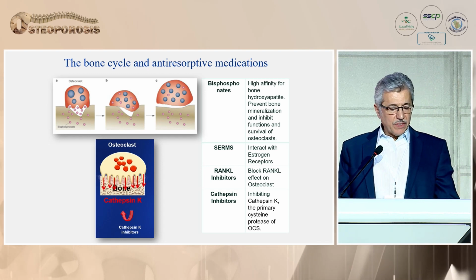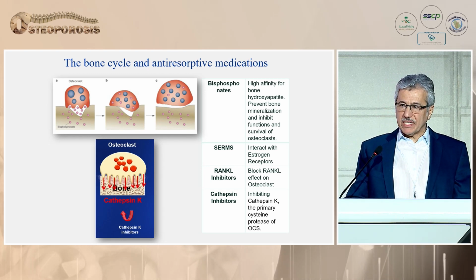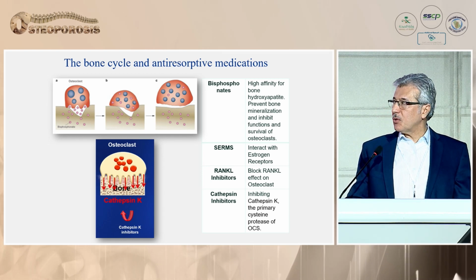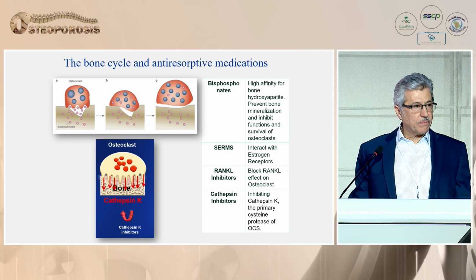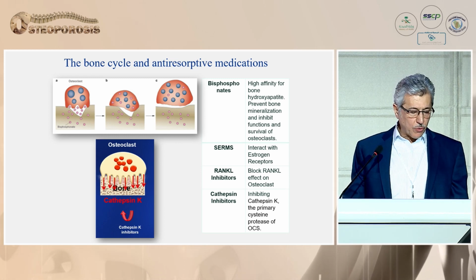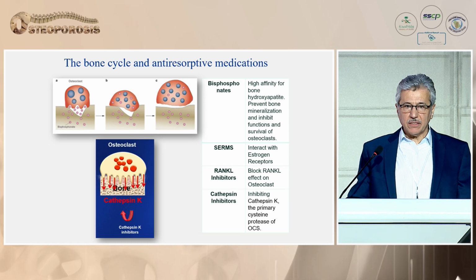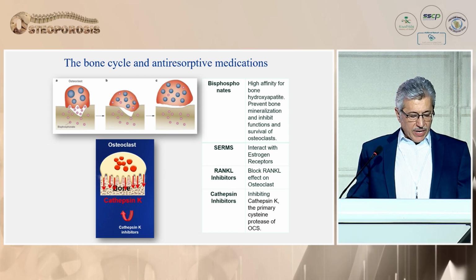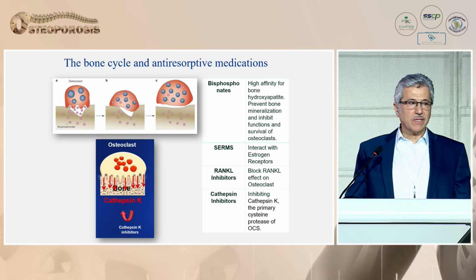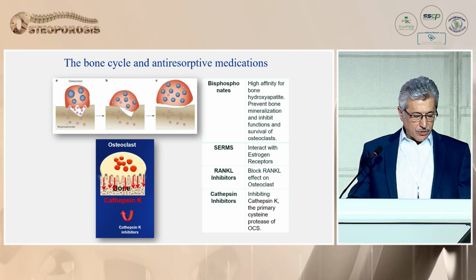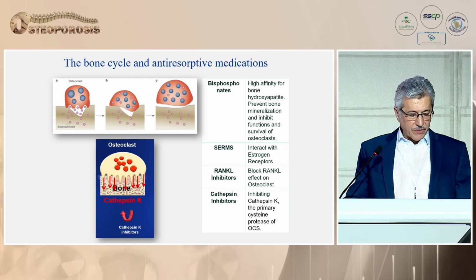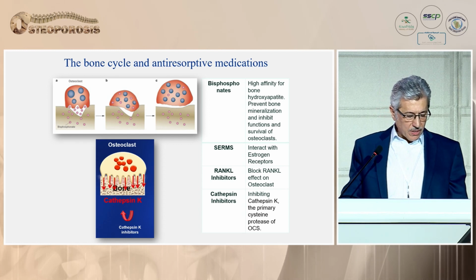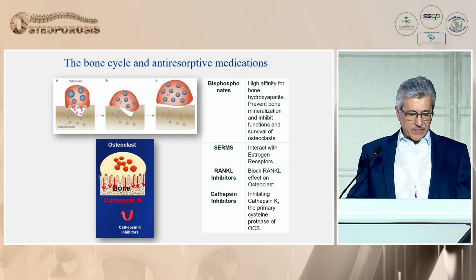So the different anti-resorptive medications we have are mostly bisphosphonate, which is the bigger or larger group, and the earlier one in introduction for the treatment of osteoporosis. We have also the SERMs, which are estrogen-like agents, or selective estrogen receptor modulators, which is basically raloxifene.